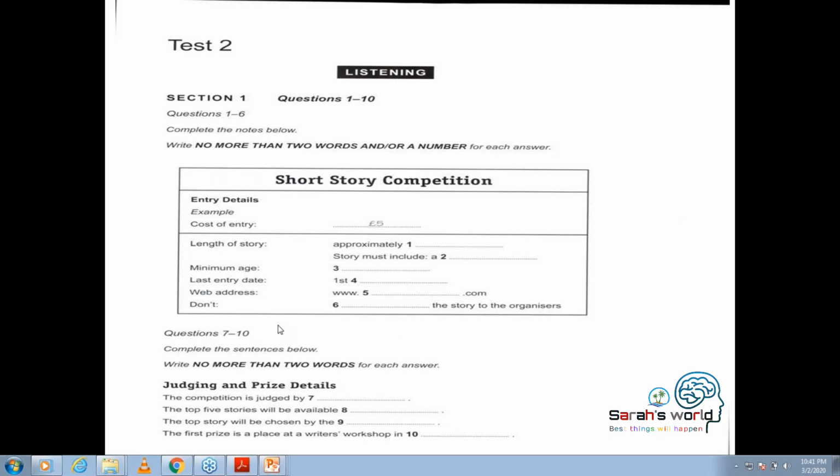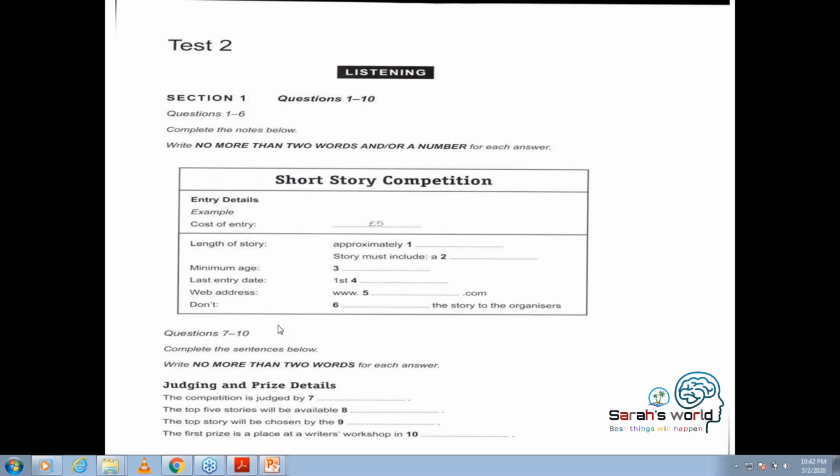Can you tell me a bit about how the competition is judged and what the prizes are? Yes, of course. Well, once we have all the entries, I send them to all the judges. Our competition is quite popular, so we are lucky to be able to use famous authors who are very interested in the competition. That's fantastic. It's great to know that someone famous will be reading my story.